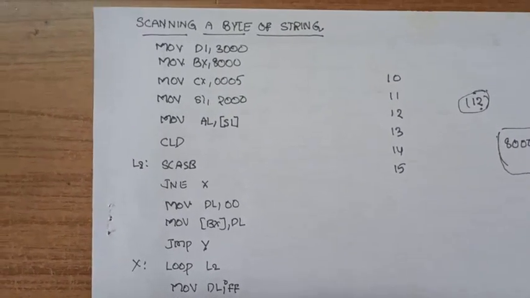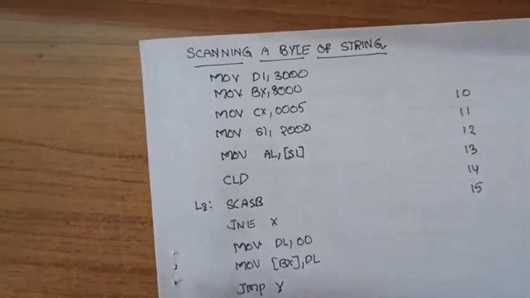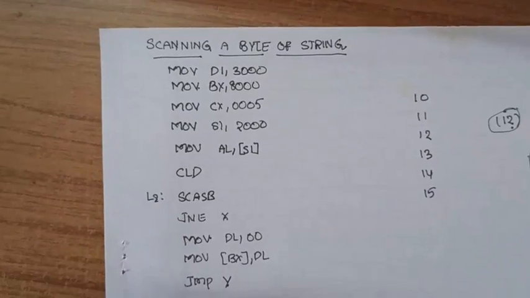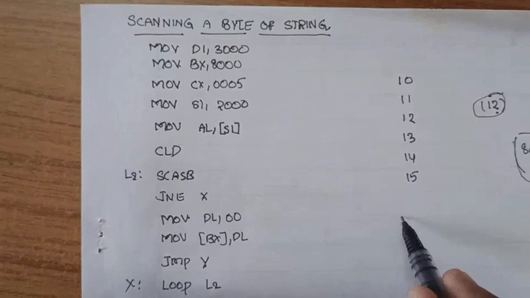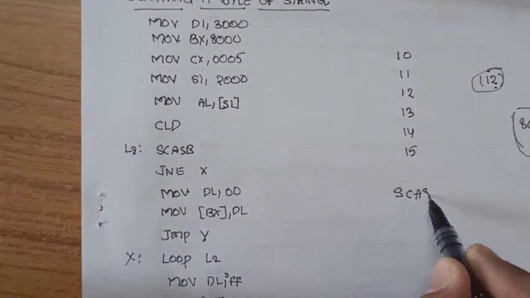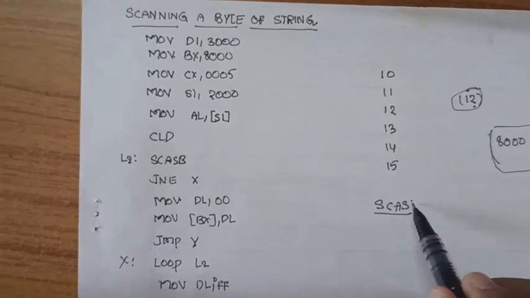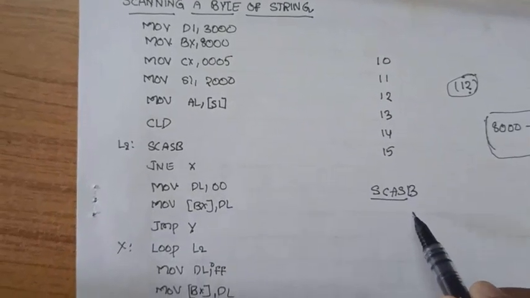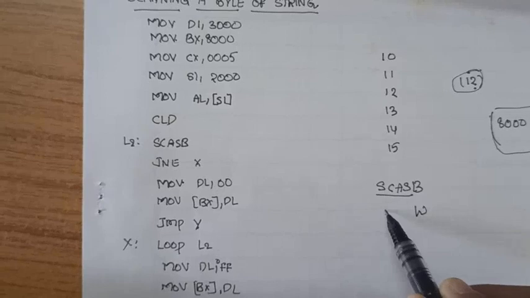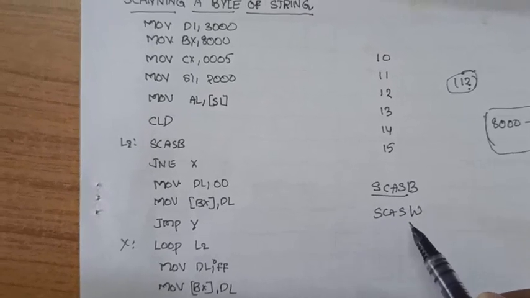In this particular program, for scanning a byte of string, the main instruction of string operations is scan. Scan string: if you are scanning for a byte, you write scan string byte; if you are scanning for a word, you can go for scan string word.